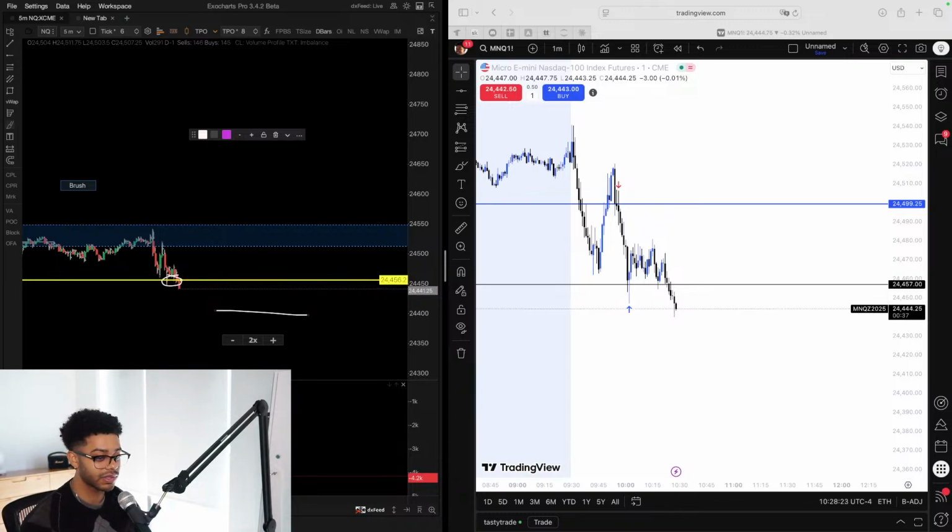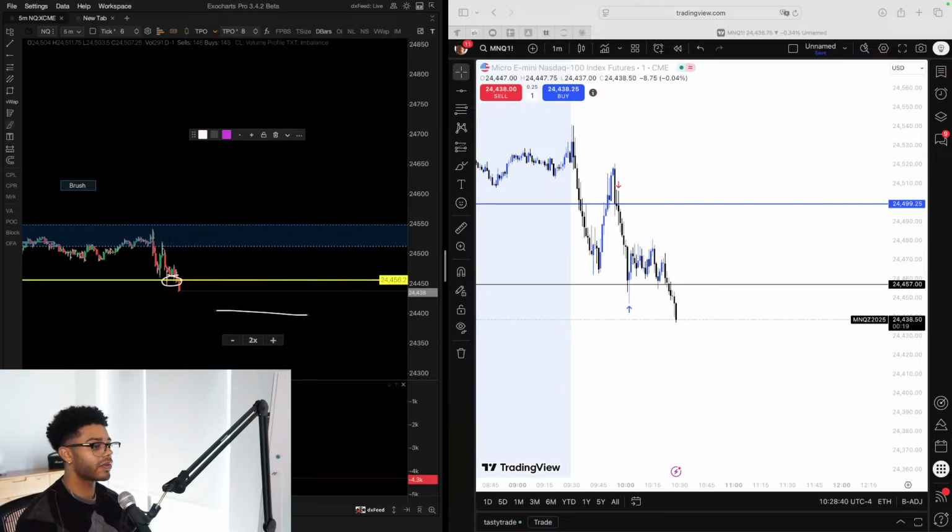I feel the best footprint software are for Windows, bro. No, 100%. ExoCharts is probably the best software that you can get for a Mac. I think ExoCharts is better than, for example, Sierra Chart, ATAS, those platforms. I think they're native to Windows, but in my opinion, ExoCharts is pretty much just as good.